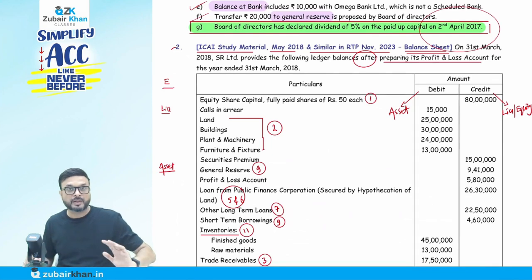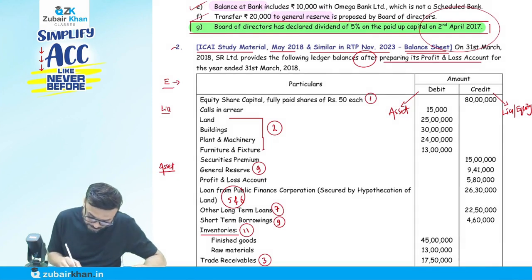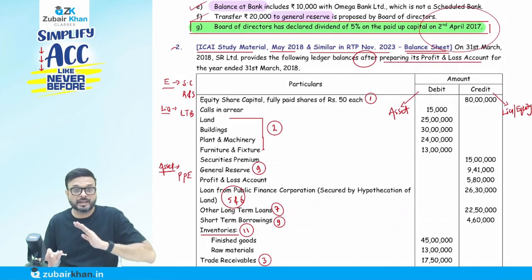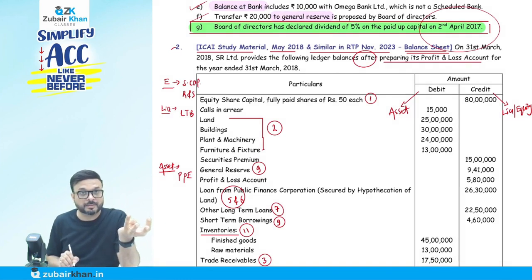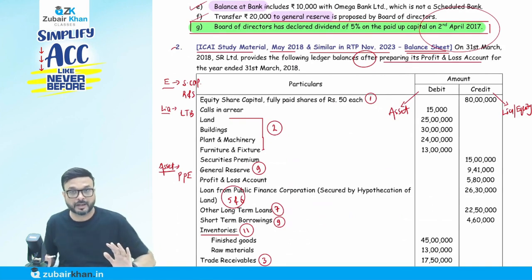Understand this point: it is fixed that we are going to prepare share capital, reserve and surplus, long-term borrowing, and property, plant and equipment. These 4 are fixed. We are going to prepare them in every question.